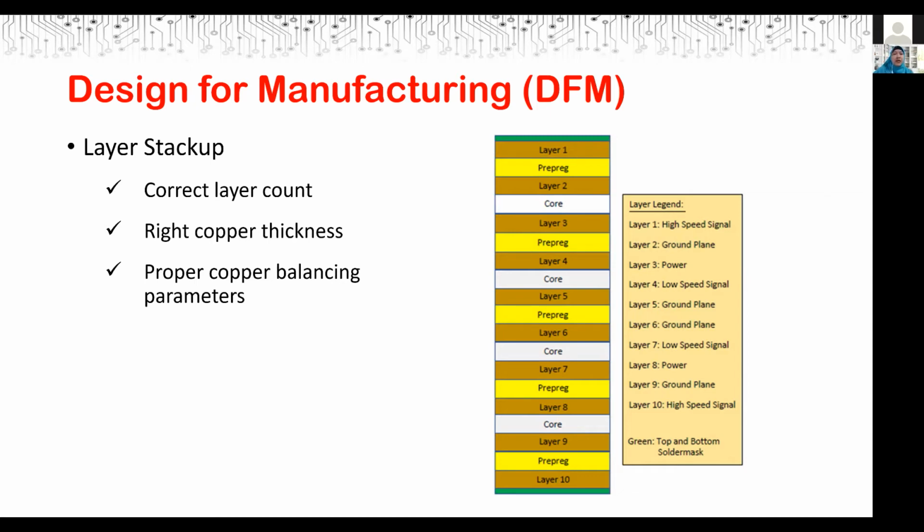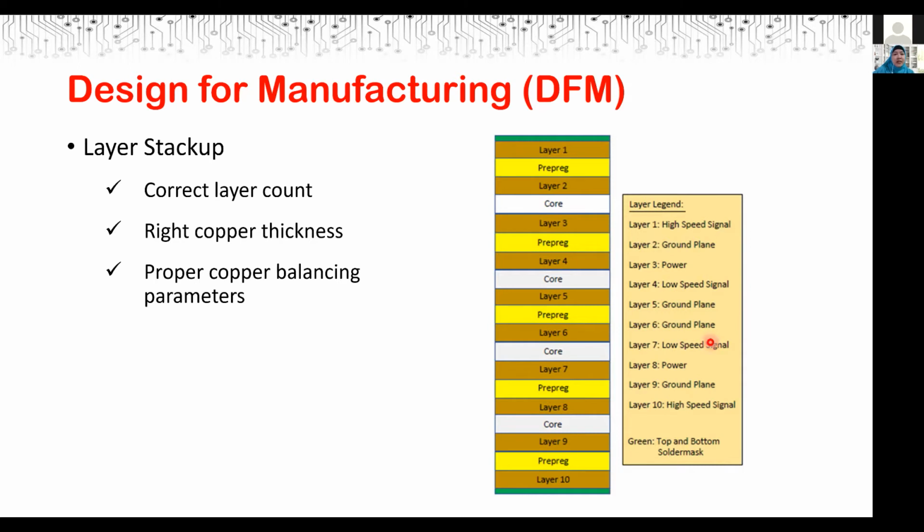Okay, so here I have an example of the layer stack up of a 10-layer board. As you can see, this is the layer stack up, including the pre-preg and the core, as well as the one on the right side, which is the actual layer count. So you can see that the stack up here is a 10-layer board. There is a specific number of signal versus plane layers.